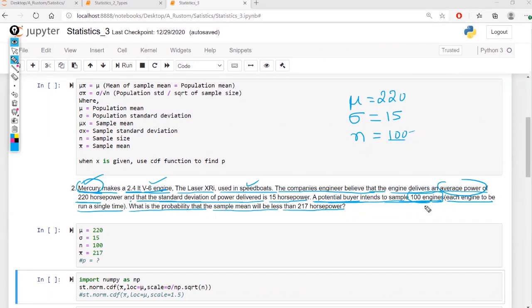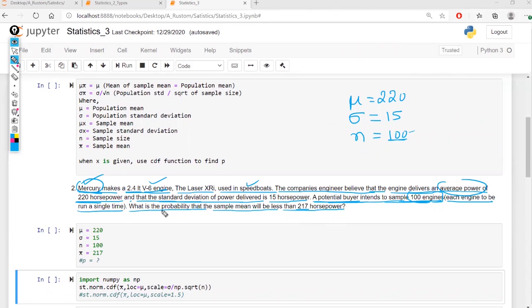He claims 220 horsepower, and he is checking. If the probability of 217 horsepower is less than that, maybe he wants to cancel the order, maybe he doesn't want to buy, right? So that is the problem statement here.